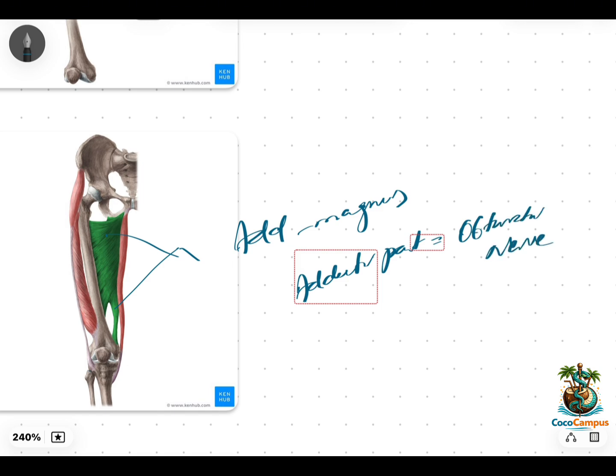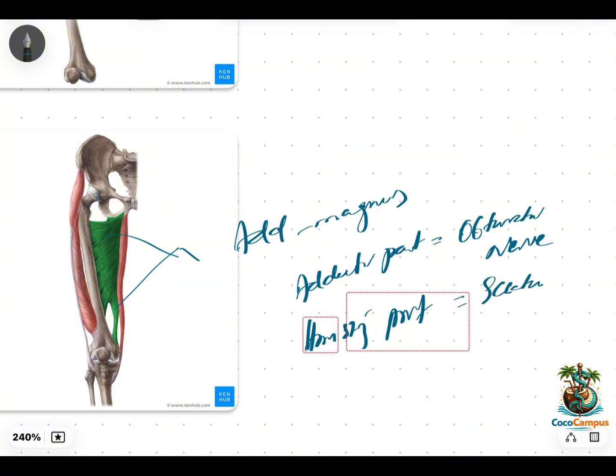However you'd like to pronounce it, sciatic, sciatic, it makes sense. Just go with whatever you like. So, the mnemonic is AM-SO: adductor magnus equals sciatic plus obturator.